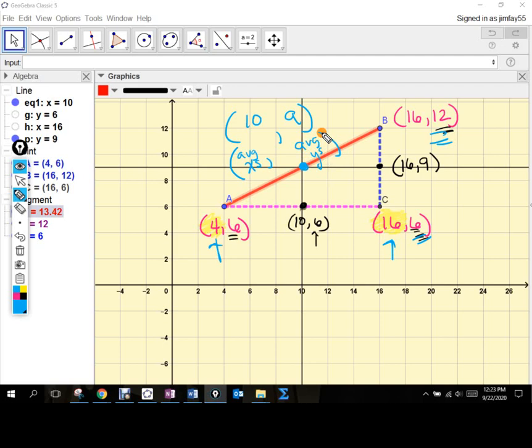So when I want to find the midpoint of any line ever, whether it be horizontal, vertical, or something like this red one, anywhere in the coordinate plane, you add the x's of the endpoints, divide by 2, comma, add the y values, divide by 2. And this is the logic behind that.